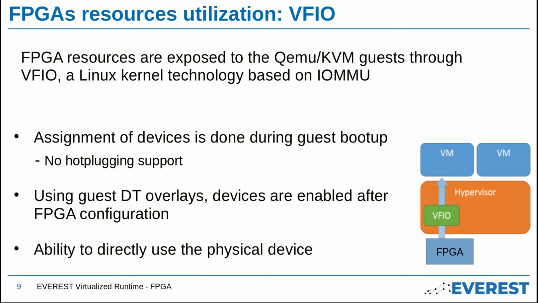QEMU, which also lives in the host user space, is implementing this API. The untouched guest kernel driver for the device traps to QEMU, and with the VFIO protocol, it is able to safely use the host device.